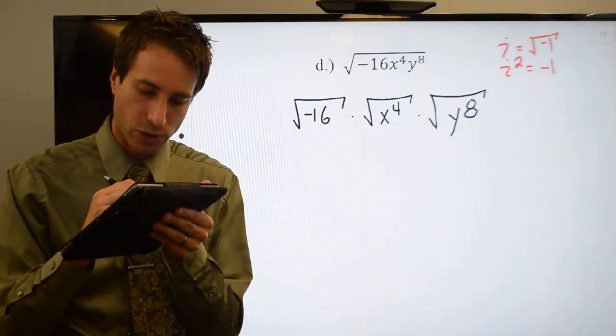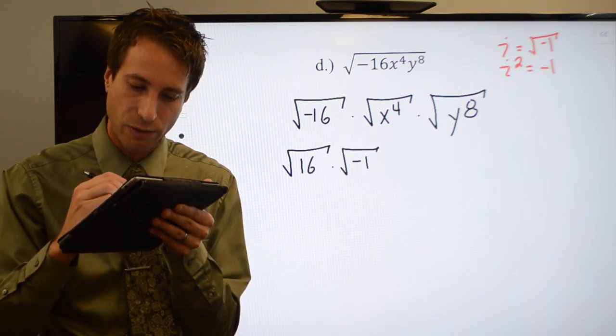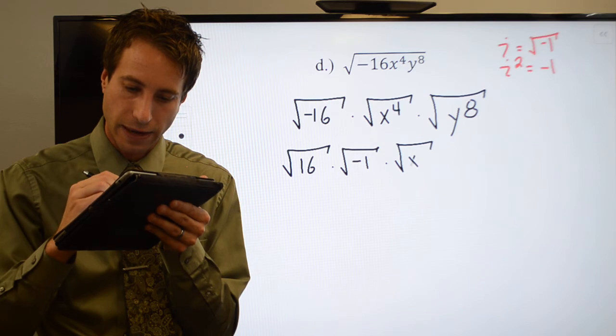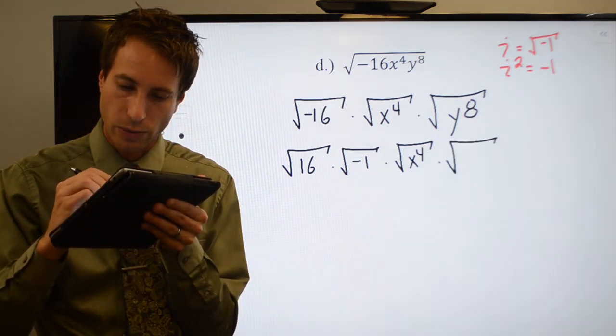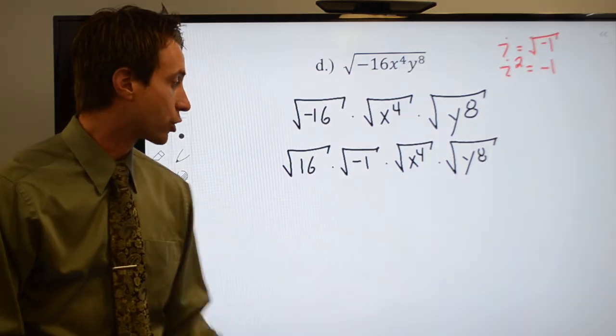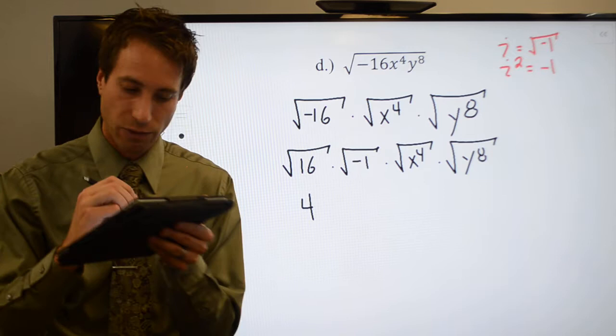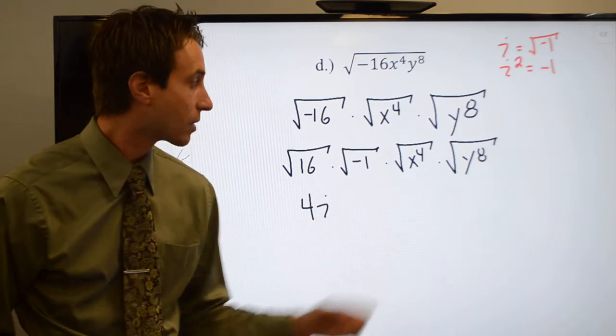I'm going to wind up with the square root of 16 times the square root of negative 1, the square root of x to the 4th, and the square root of y to the 8th. Well, we can make quick work of this. The square root of 16 is 4. The square root of negative 1 is i.